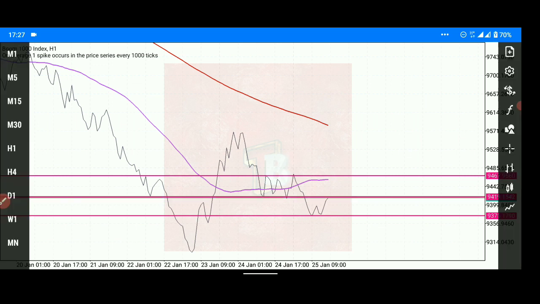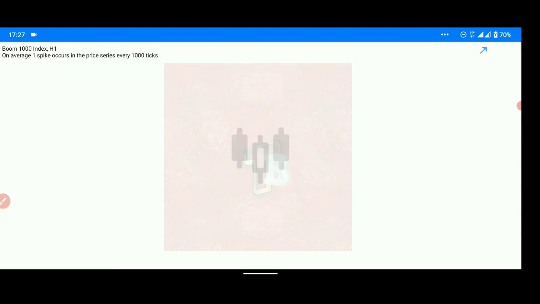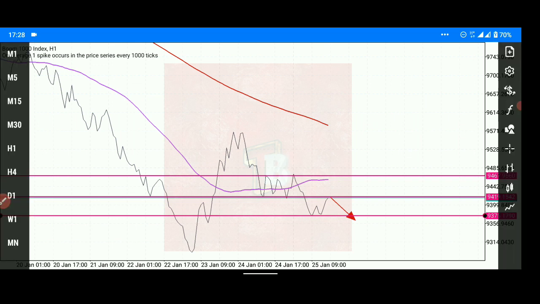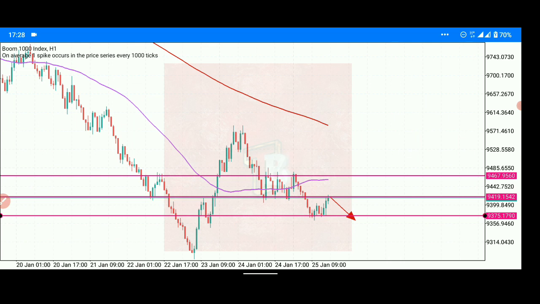So what we are looking at in this market is that the market will go from here down to this point again to test this level. All these levels we plotted are resistance zones, and we are plotting them based on the close of each of the candles. Are you with me? The close of each of the candles.